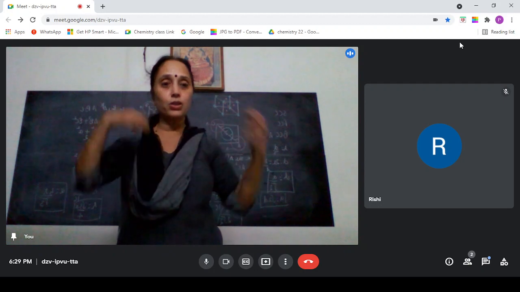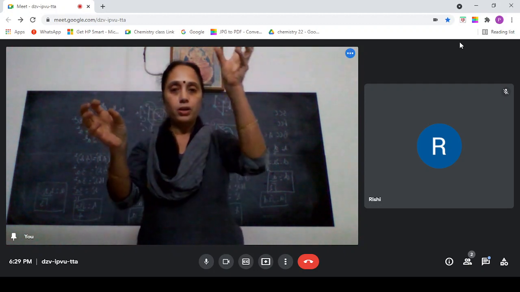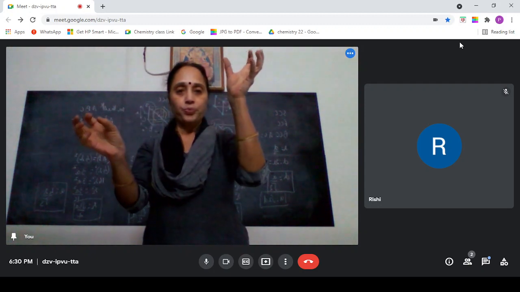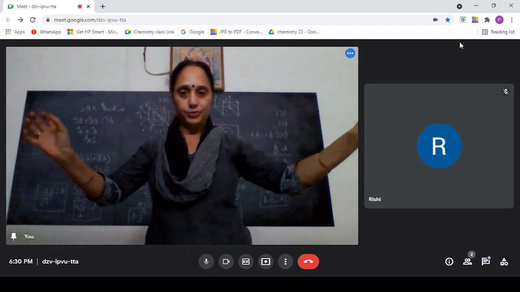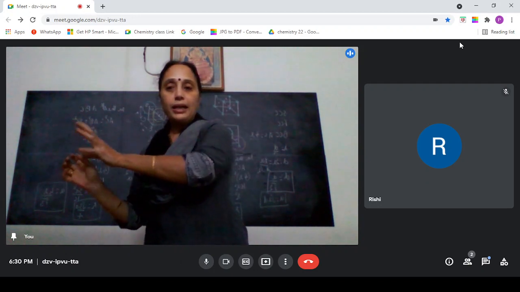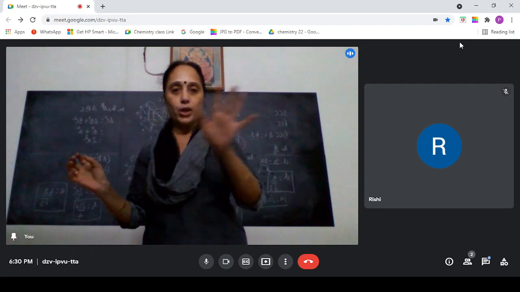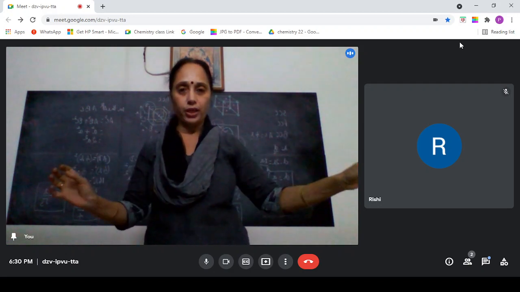And so many other things are also there. First, we'll make this table first. Write down simple cube, body centered, face centered, three types of cubes. Under that, first you will write the lattice points: 8, body centered 9, face centered 14.